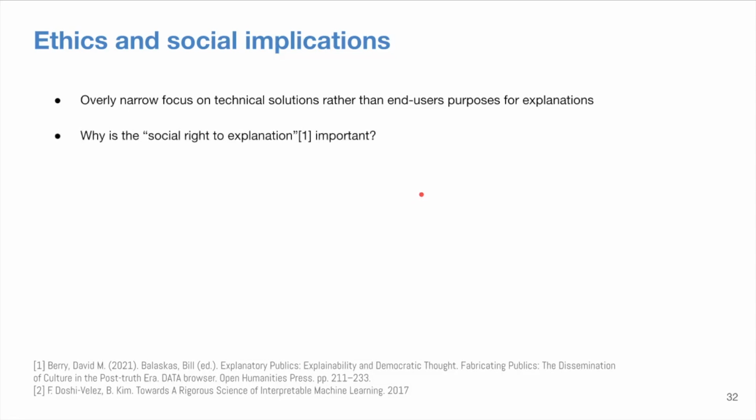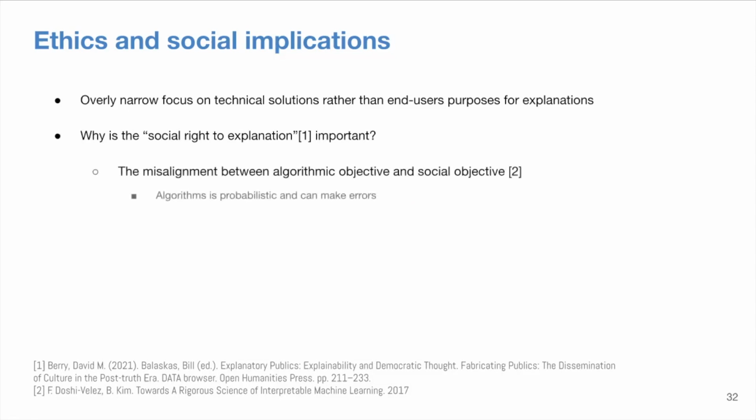And that's why we say that the social right to explanation is important for the end users, because we know that the model may be problematic, probabilistic, and can make errors, and sometimes the evaluation metric, the data input or output predictions may not align well with users' end goals.